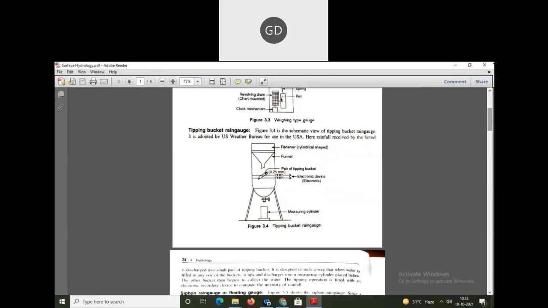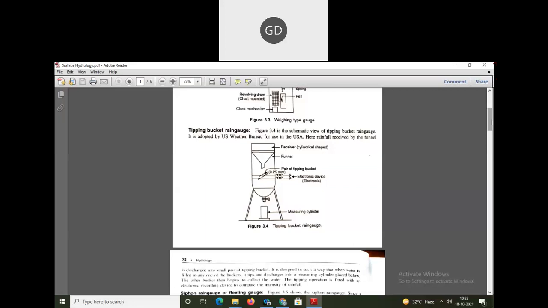It is designed in such a way that if water fills one part, one of the tipping buckets, it tips to one side, and then it discharges into the measuring cylinder that is at the bottommost part. So if one part of the bucket fills, it will slide and tip and discharge the water into the measuring cylinder placed below.